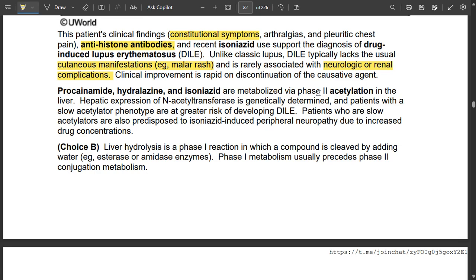N-acetyltransferase means acetylation, and the acetylation reaction occurs in the liver, but in slow acetylators the acetylation of these drugs is very slow, so metabolism is less. Therefore, more drug concentration occurs in the blood, which also predisposes to isoniazid-induced peripheral neuropathy due to increased drug concentration in the body.